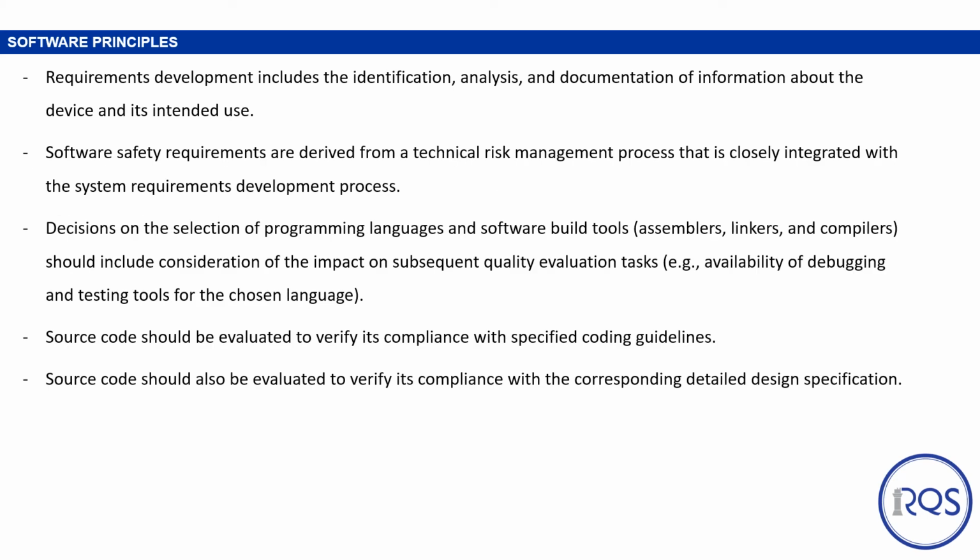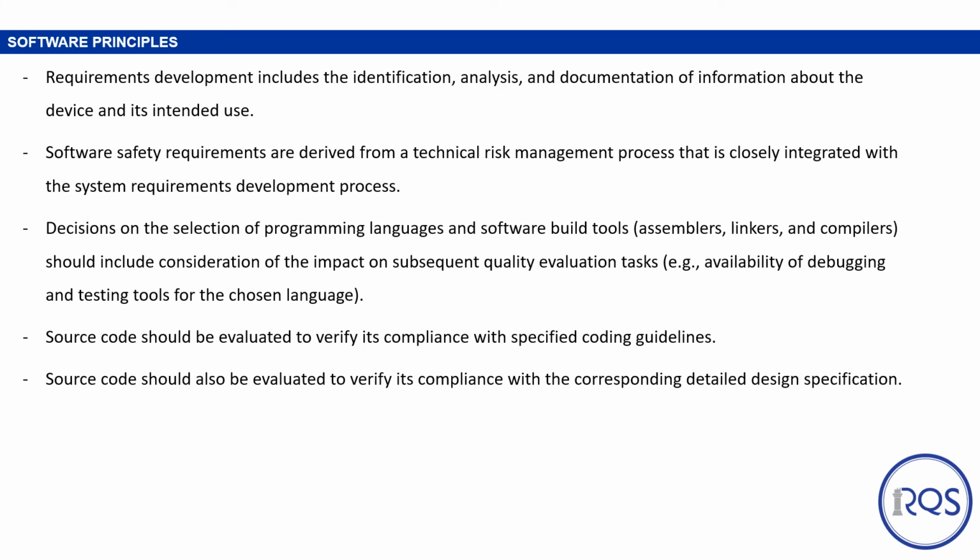Requirements development includes the identification, analysis, and documentation of information about the software device and its intended use. Software safety requirements are derived from a technical risk management process that is closely integrated with the system requirements development process.